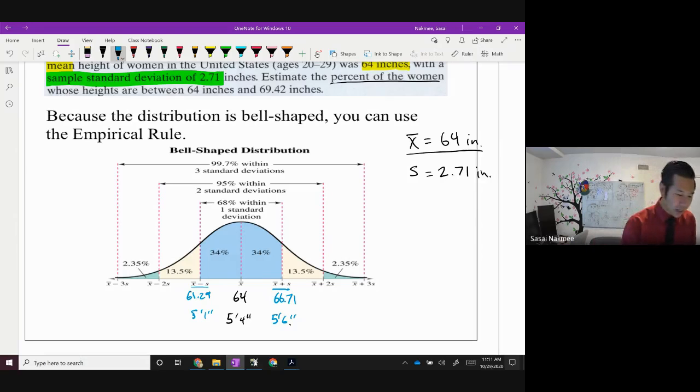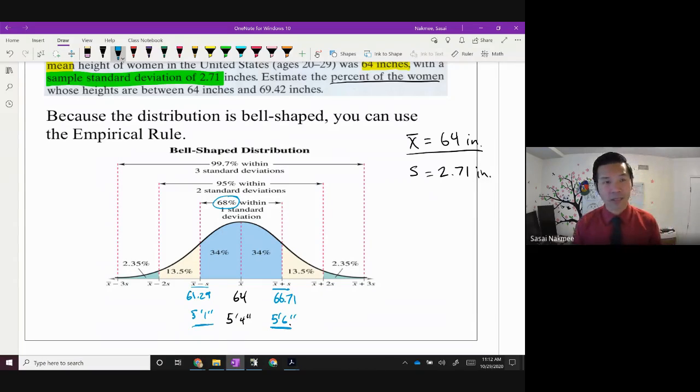Not only that, if I had 100 women lined up by height, 68 of them should be between 5'1" and 5'6". Does that make sense, guys? Hopefully that kind of makes sense. If not, we'll keep doing this, and you'll see that the pattern for this isn't actually that bad.